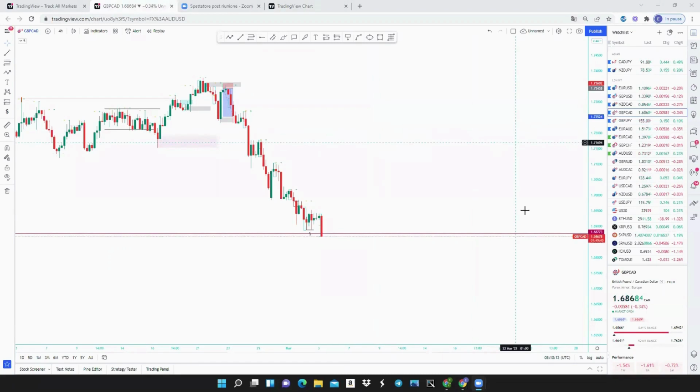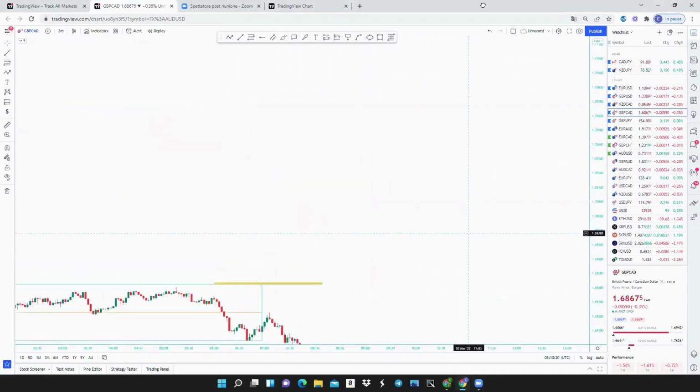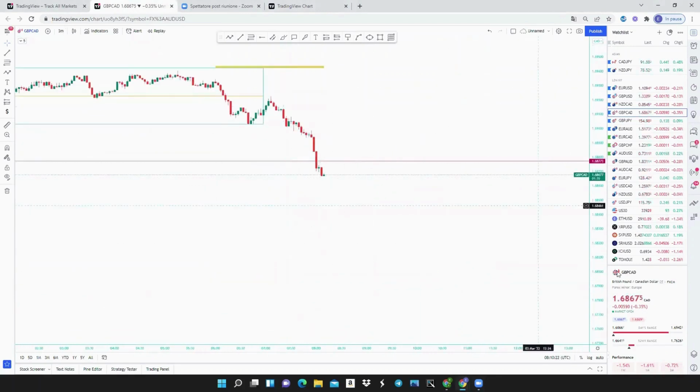All right. Other than this, which is not really giving us any signs of real structure, let's see some other opportunities.